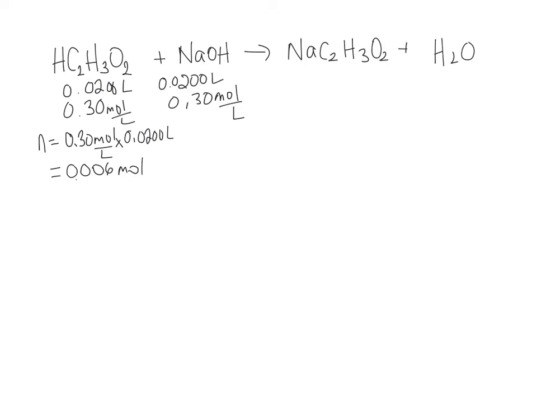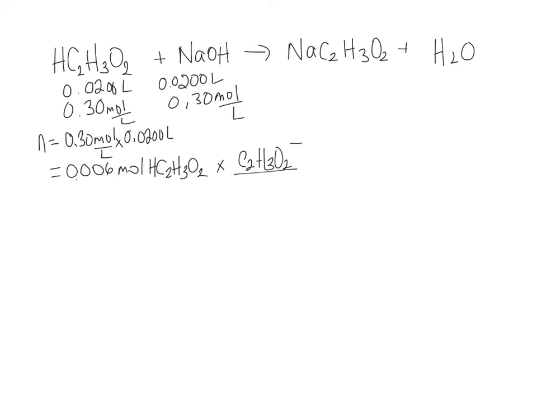And that's exactly how much we had. So all of our acetic acid, all of our sodium hydroxide was used up. But this is how many moles of acetic acid we had. So this will also be our moles of acetate.